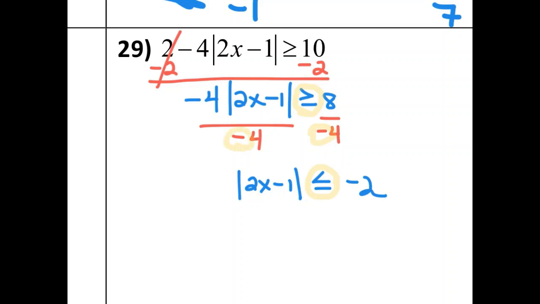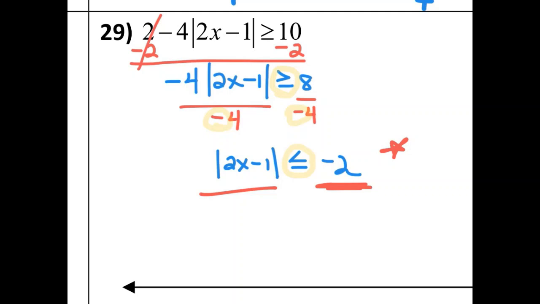Now, here we have an absolute value on one side and a negative number on the other side. And remember, that's when our special cases kick in. Remember that an absolute value is always positive, and a positive number is always greater than a negative number. So absolute value cannot be less than any negative number.